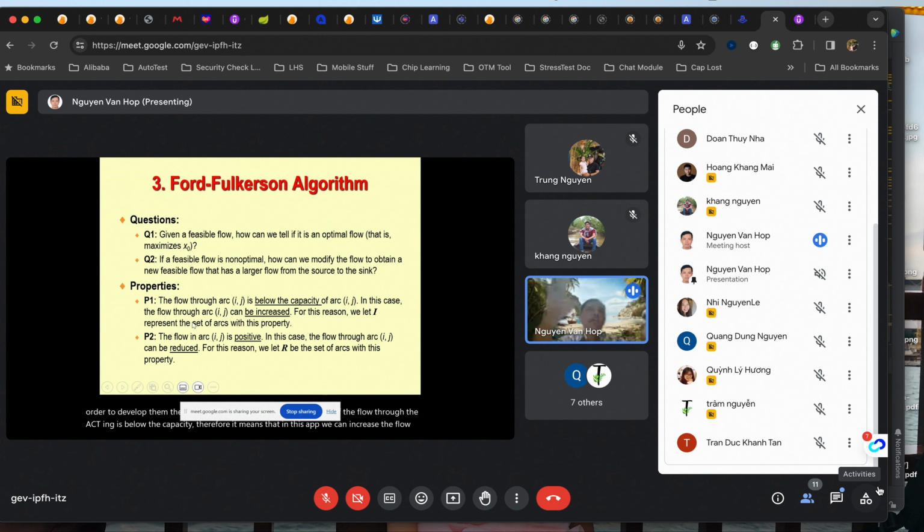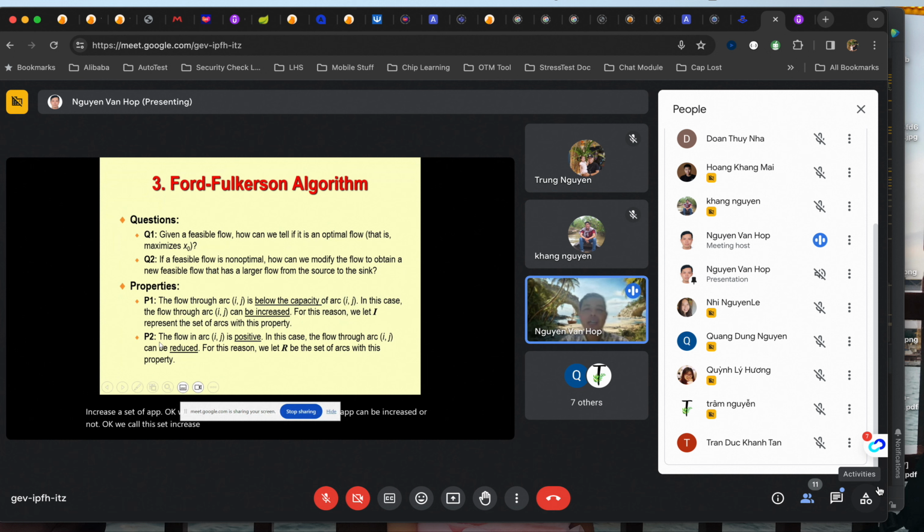If the current flow in the arc is less than the capacity, then we have the chance to increase the arc up. Therefore, we call this an increase arc. In the network we will identify all arcs that can be increased or not. We call this set the increase set.